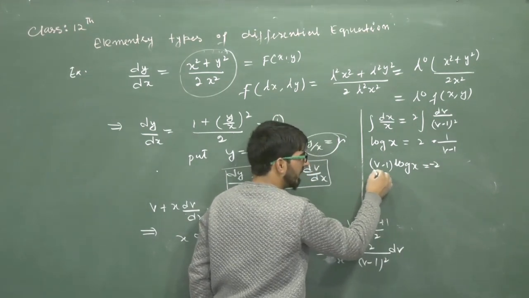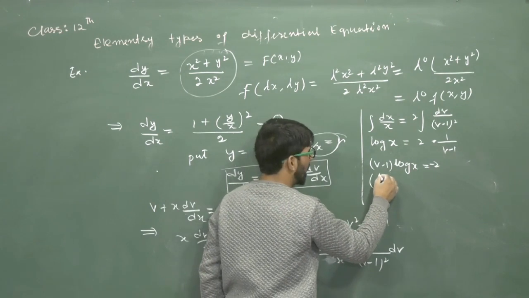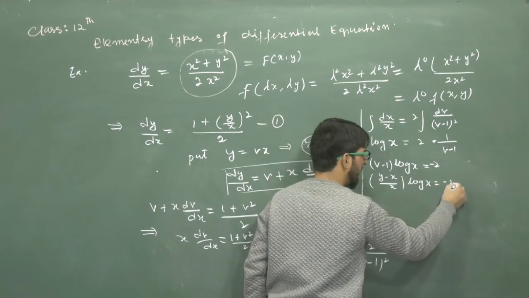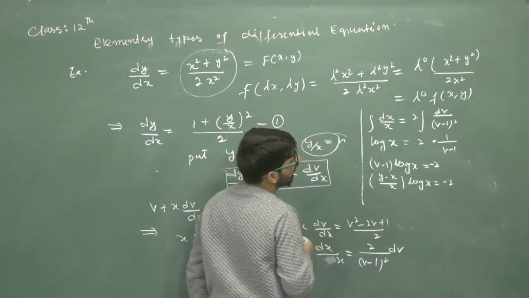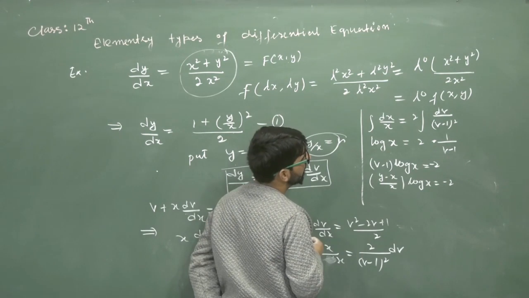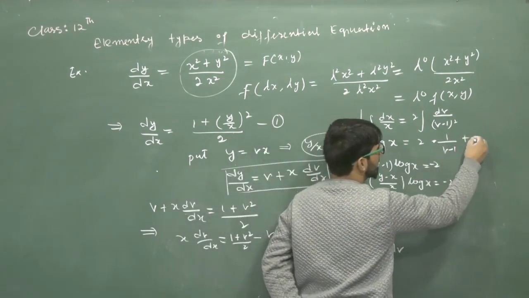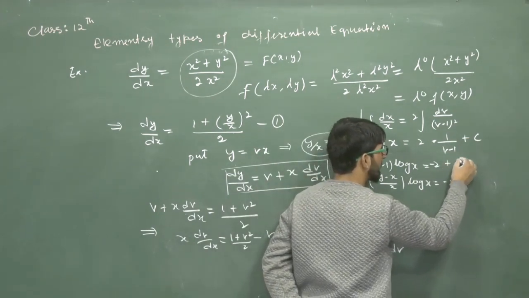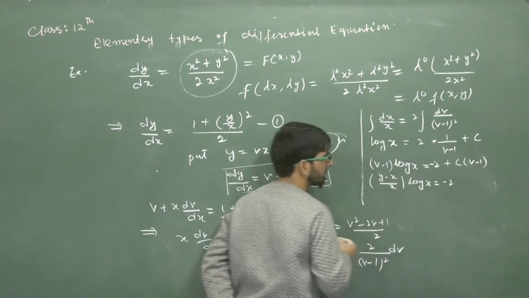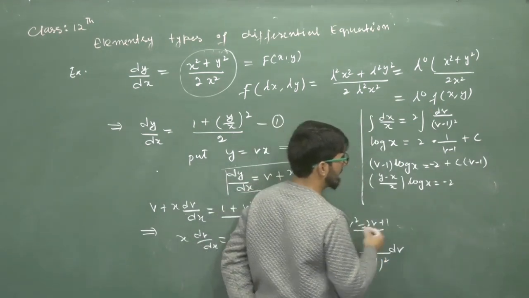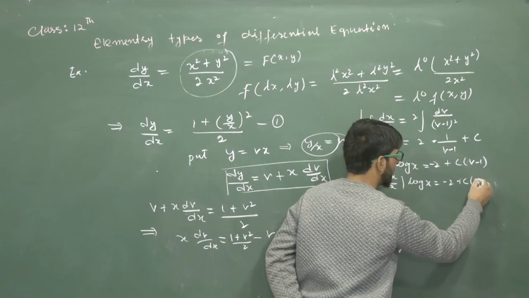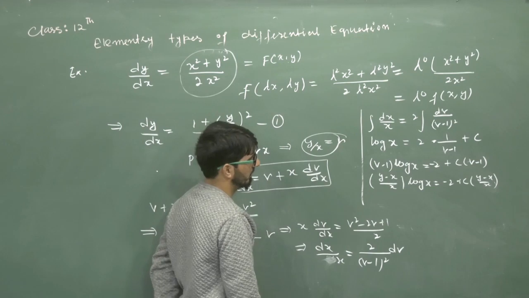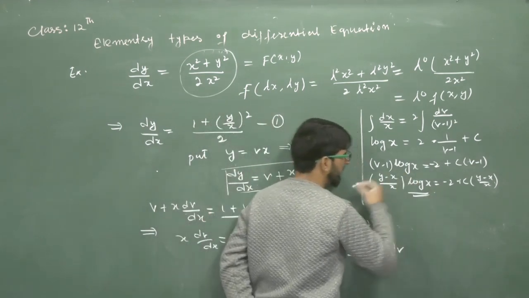We replace v as y by x, we get (y minus x) by x into log x is equal to minus 2 plus c times (y minus x) by x, which will be the solution of the differential equation.